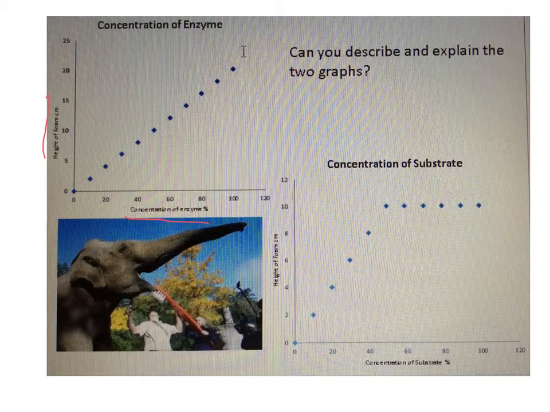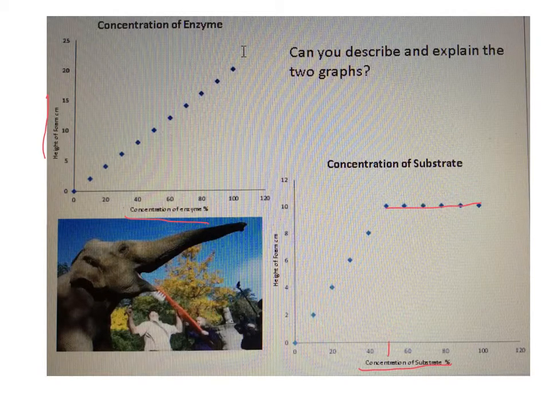Now if you think about the second one, this time the amount of enzyme is fixed, but we're changing how much substrate we're putting in. So we're adding in more hydrogen peroxide and then seeing if it makes any more foam. Now you notice as the concentration increases, initially up until about 50% concentration of substrate, the height of the foam was increasing, but then it starts to level off here.